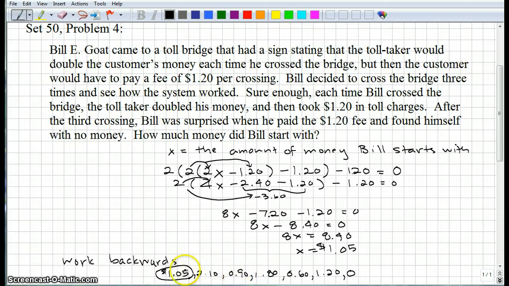Add $1.20 and then halve it, because those are just the inverse functions of subtracting $1.20 and doubling. Okay, so to work backwards, we have to do the inverse functions to the amounts. All right, so that's another way to look at it. Either way, you get $1.05 for the amount of money that Bill started with.